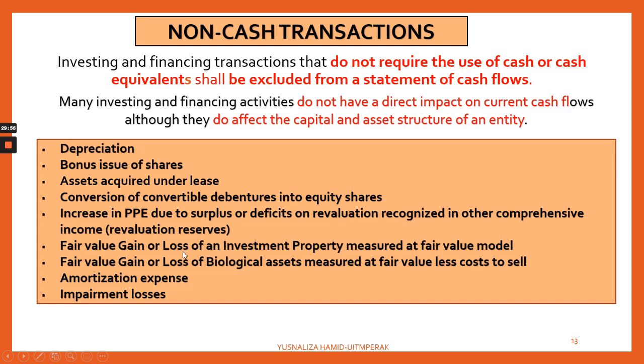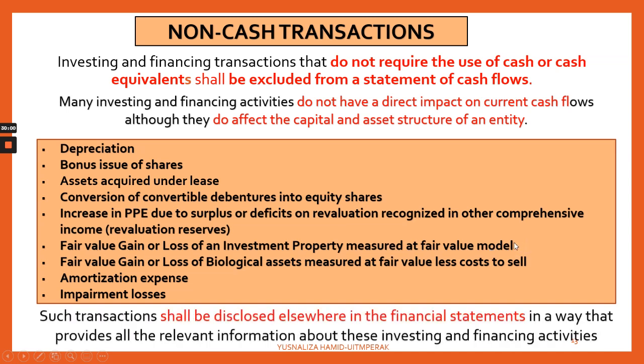Also the fair value gain or loss of an investment property measured using the fair value model, and the fair value gain or loss of biological assets under IAS 41 and MFRS 141 measured at fair value less cost to sell.